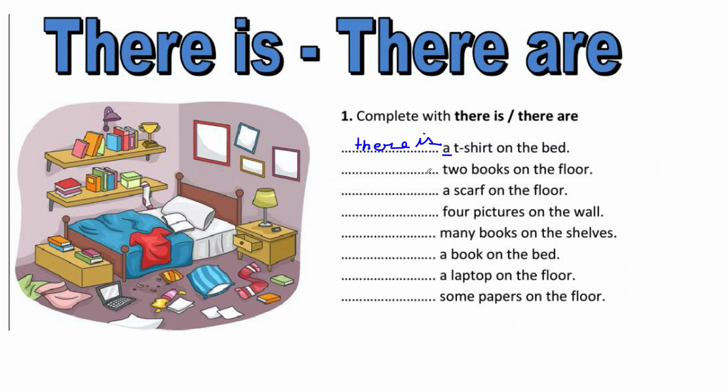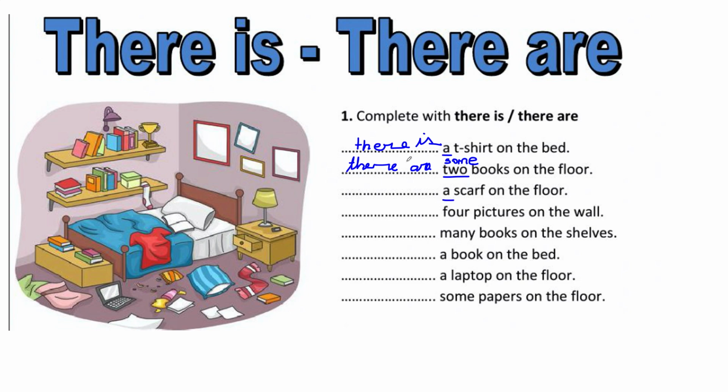Number 2, 2 books. If it is 2, we say there are. I'm sorry for my handwriting. There are 2 books. Or if you don't know the number, you can also replace the number 2 with some.